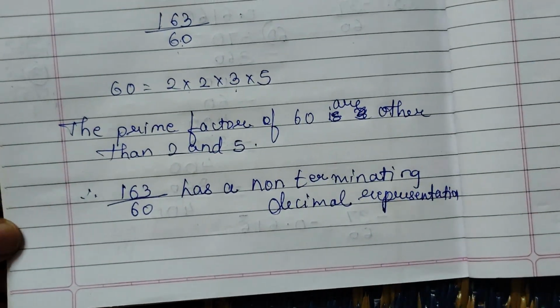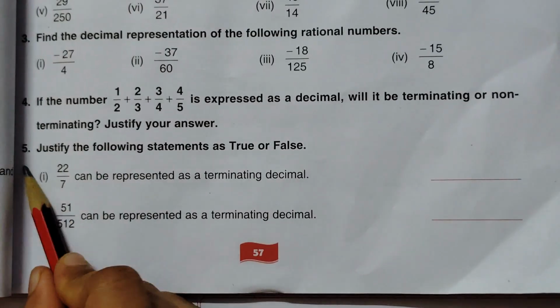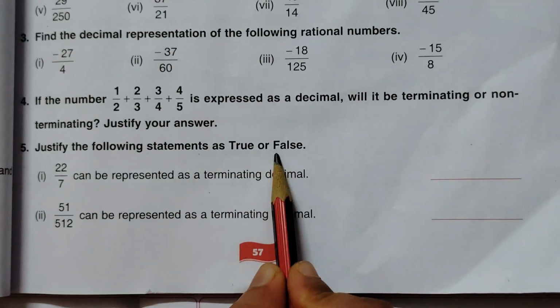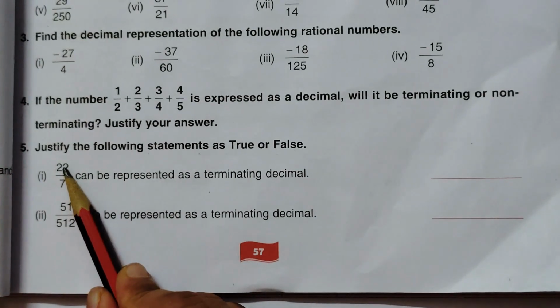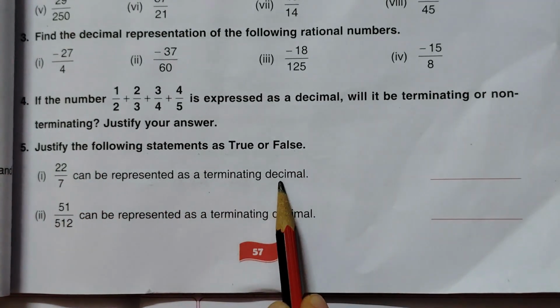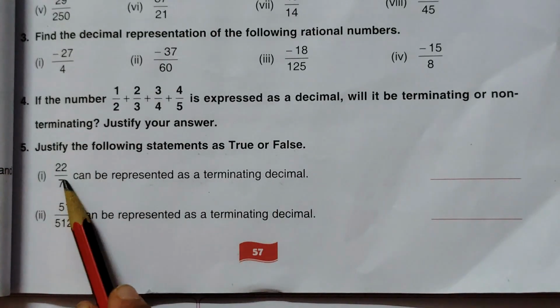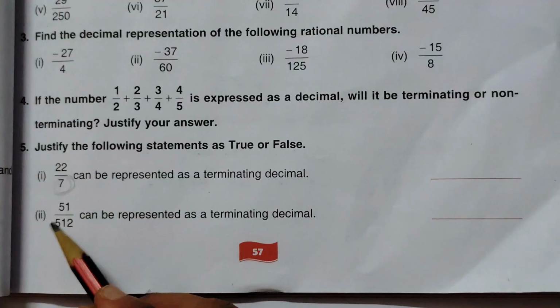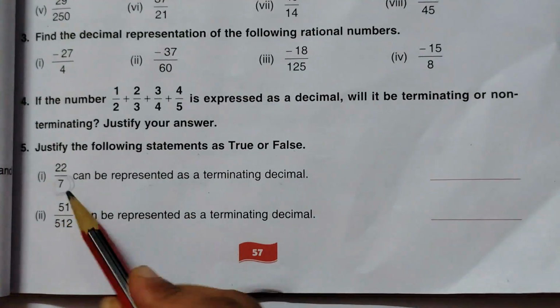Now let's start question number 5 of worksheet 2. Justify the following statements as true or false. First, 22 upon 7 can be represented as a terminating decimal. We have to look at the denominator, which is 7.